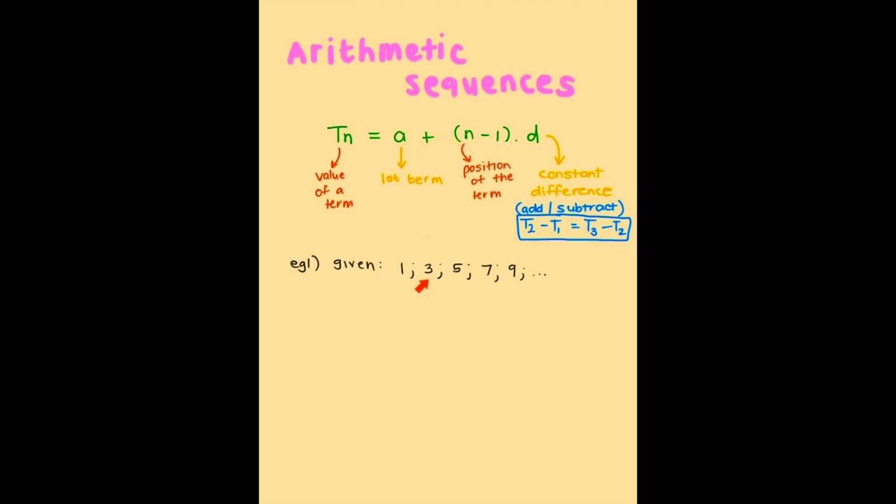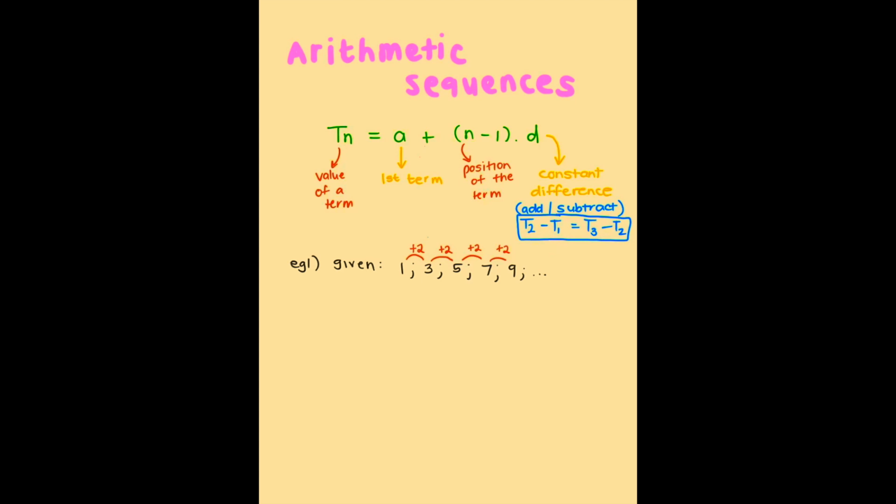So if I see the difference between 3 compared to 1, what am I doing? This looks like I'm adding 2 to get from 1 to 3. I'm adding 2 to get from 3 to 5. This keeps happening. So I've figured out that my constant difference, represented by the letter D in my nth term, must be 2.